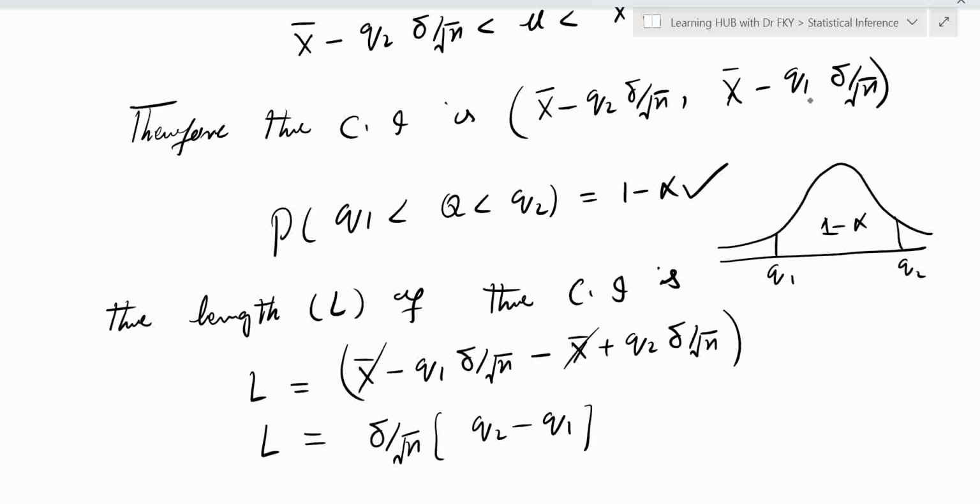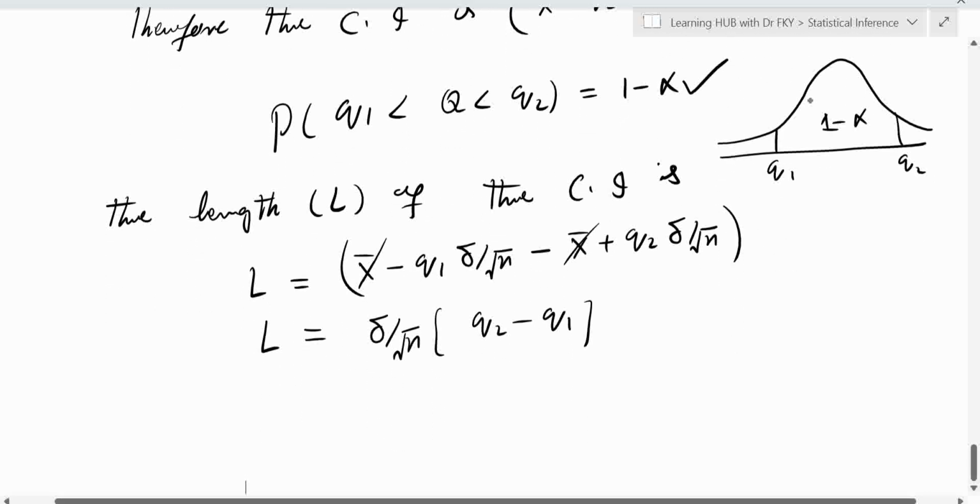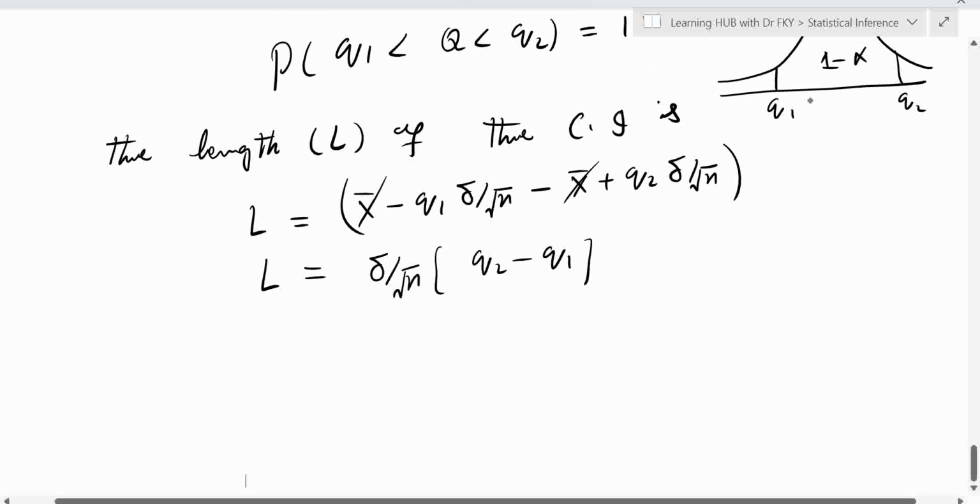So this is the length. If the length is minimum, then the confidence interval is also shortest, so we need to make this shortest.